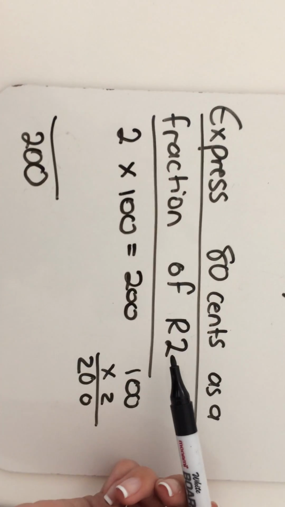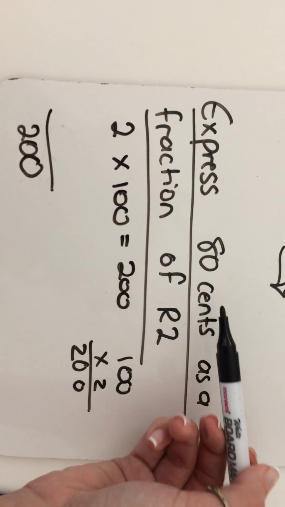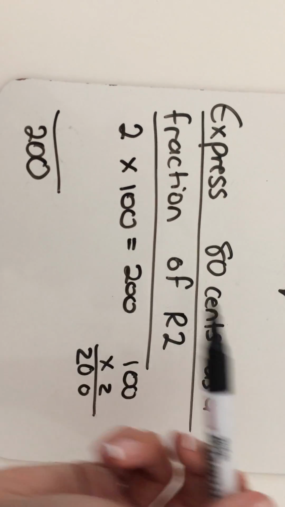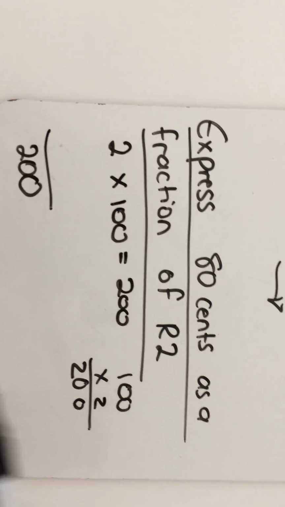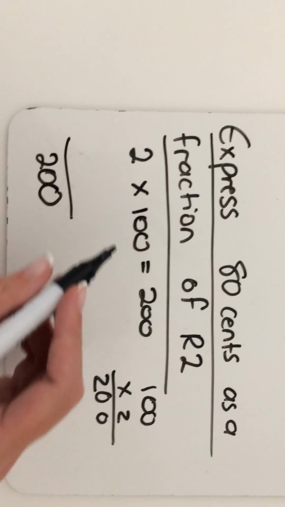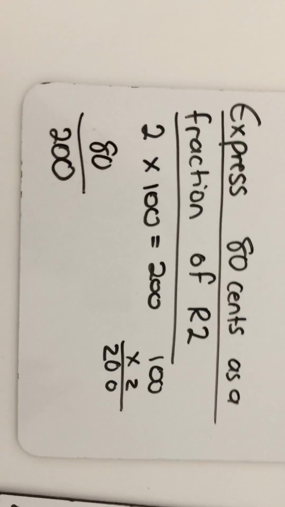Because this is cents and this is rand, it's different. You have to first change the rand into cents, convert it first, so that I have cents, and then only can I make it a fraction. So I have 80 cents out of a possible 200 cents.